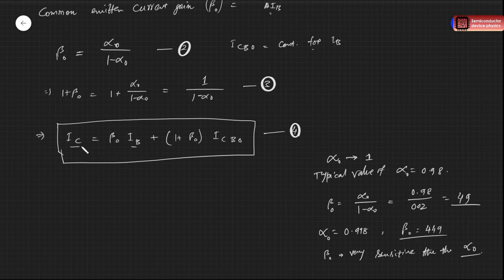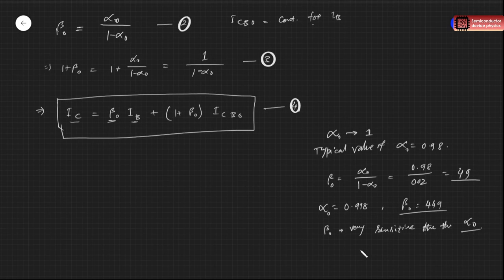A little change in the base current gives a huge change in collector current, because the beta naught value can go very high. Usually the beta value lies between 40 to 500, in this range, right? So we can see that there is a huge current gain in this configuration, right?